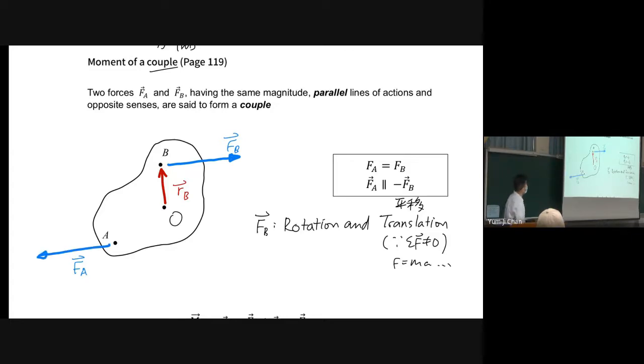We set FA equal to FB, and FA and FB are parallel to each other. It's okay, they are parallel.